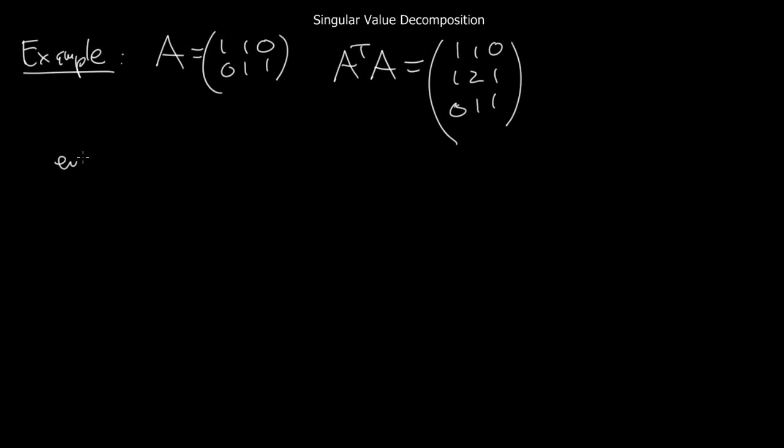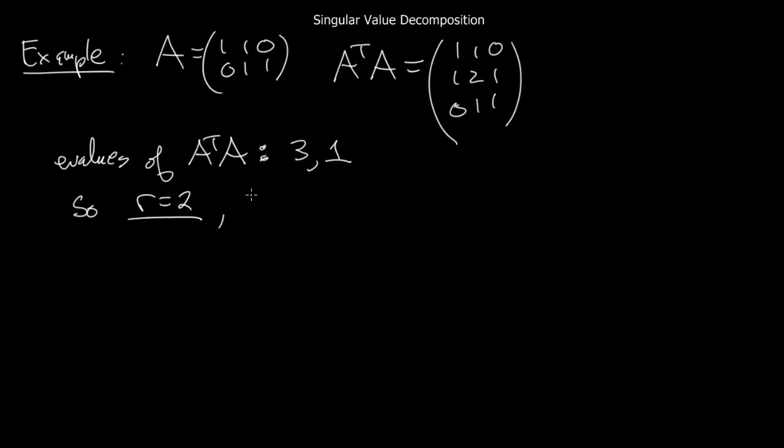And so you compute the eigenvalues of this 3 by 3 matrix, and I'll skip the arithmetic and just tell you that the answer is it has two eigenvalues which turn out to be 3 and 1. So r is equal to 2. There are two non-zero eigenvalues, and square root of 3 and square root of 1 are the singular values.